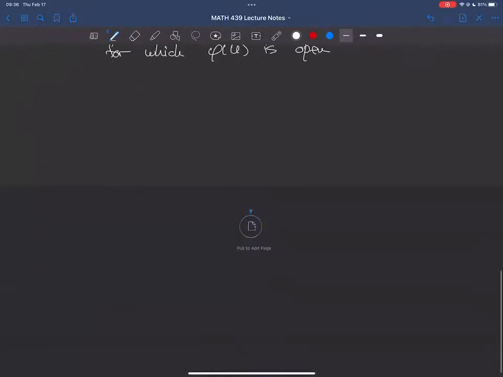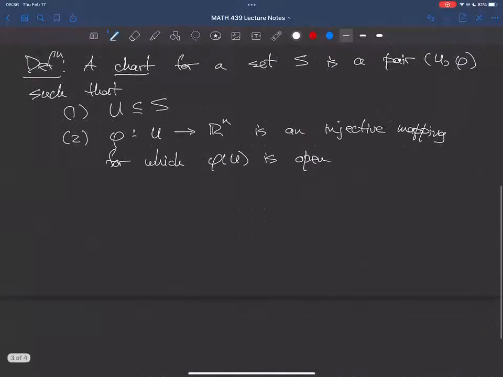Okay, so there's a picture that goes along with this definition, and it's a picture that's going to show up many times for us as we go along and talk about manifolds. So a manifold I'm going to draw intuitively as a surface of some kind, and that's a good way of thinking about what they are. But a manifold is not by itself a surface, but we can represent it as one in our minds. Okay, so a chart is a simple kind of thing.